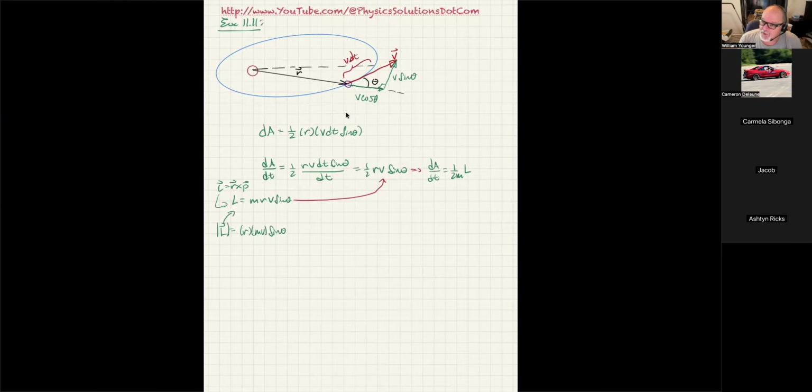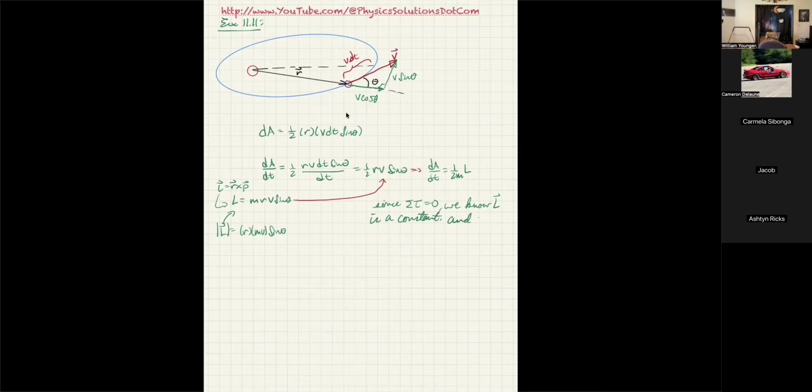Now, the main thing we're supposed to know is that it sweeps out equal areas in equal times. That is true if this quantity, L over 2m, is a constant, and we know the net external torque on the system is 0. Since the torque equals 0, we know L is a constant.